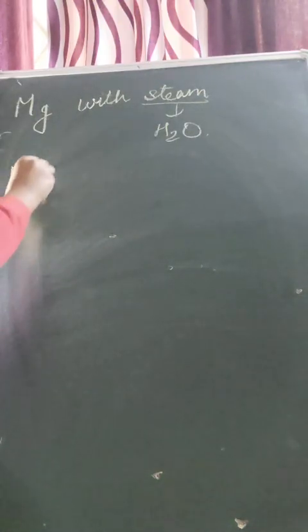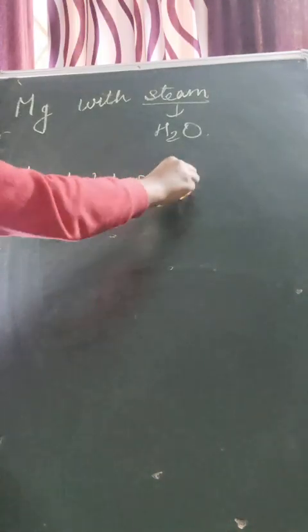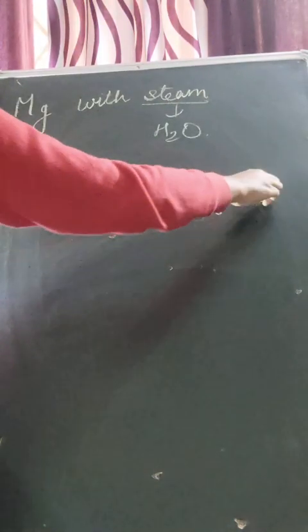When magnesium reacts with steam, it gives magnesium hydroxide only, plus H2. So Mg plus steam gives Mg(OH)2 plus H2. Please add here, and it is balanced.